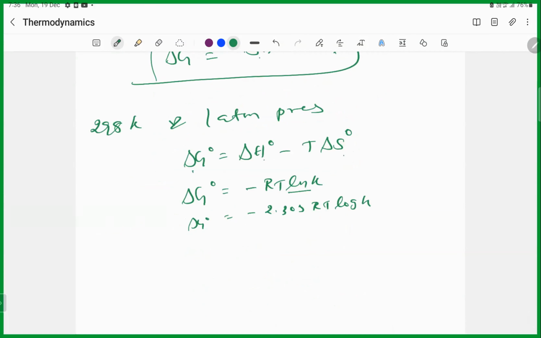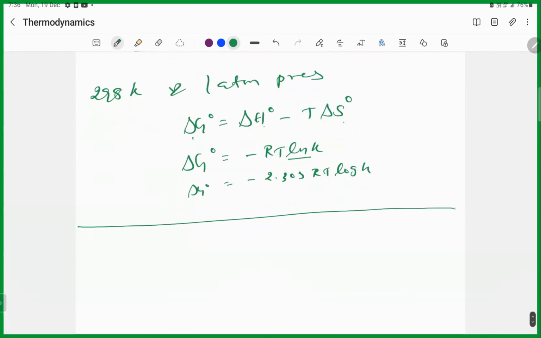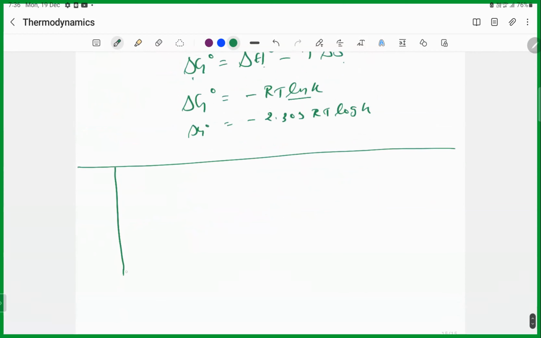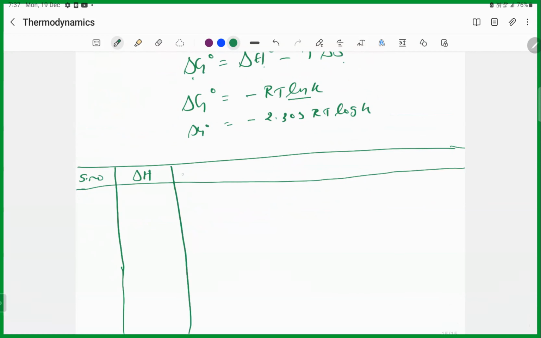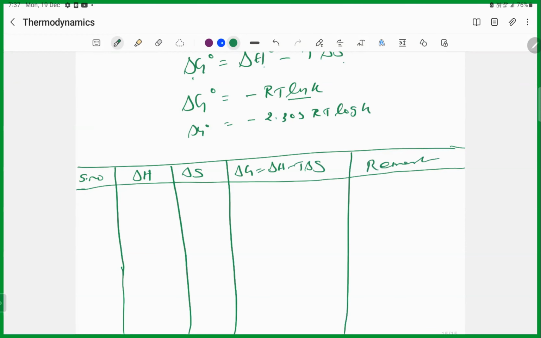For a spontaneous process, what should the values be? We will make a tabular column: serial number, delta H, delta S, delta G, and remark. First, suppose delta H is negative and delta S is positive.